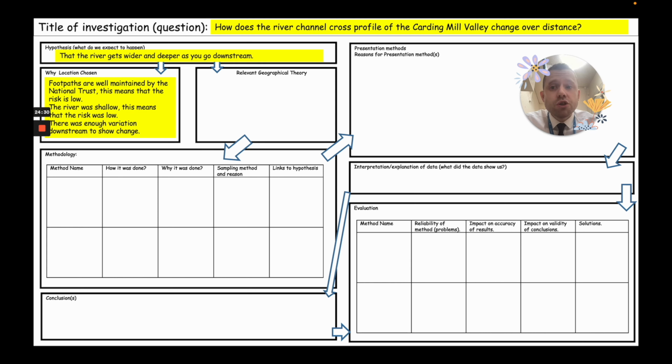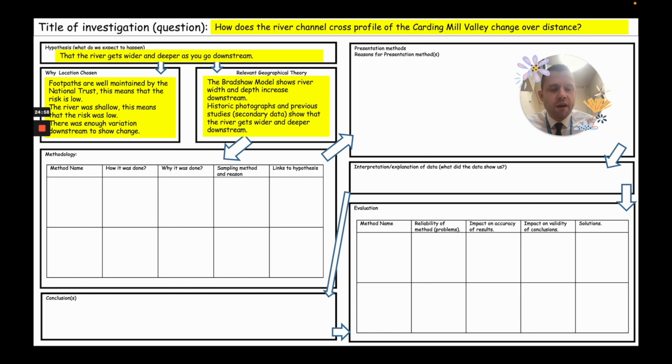The river has also got a very weak current, so you're unlikely to get swept away. Lower risk. And again, you could memorise this quote, there was enough variation downstream to show change. For the river distances, we tried to go about 1,000 metres in between each one. There was enough distance there to show change.